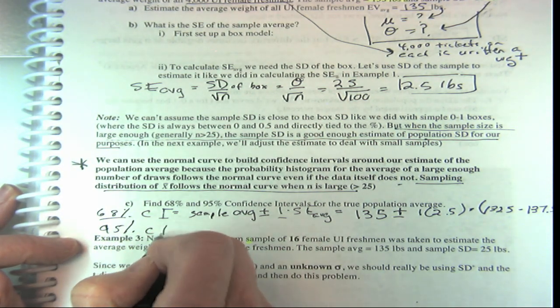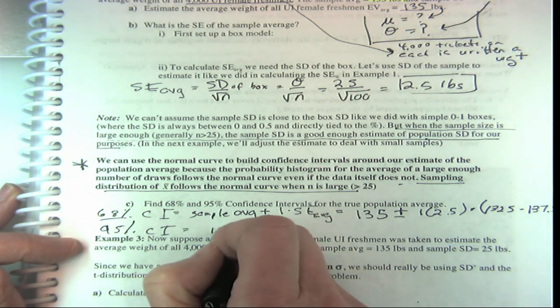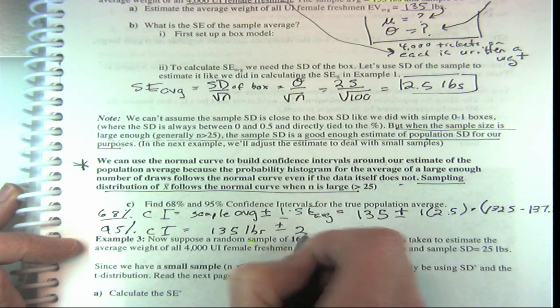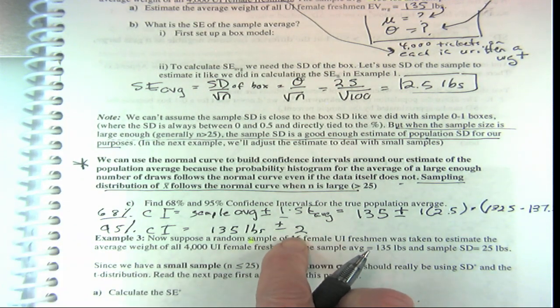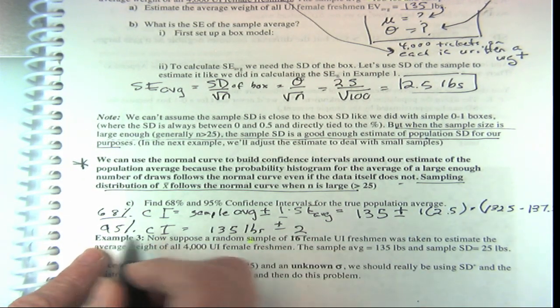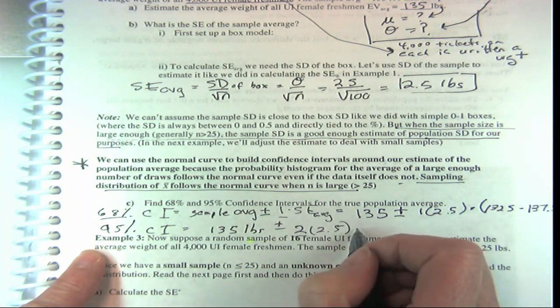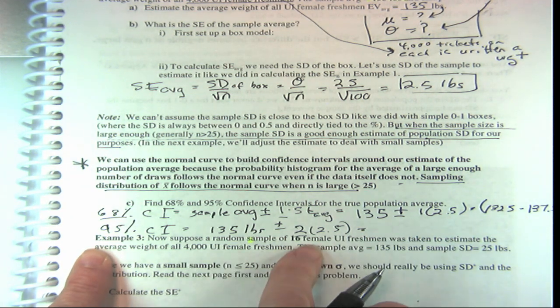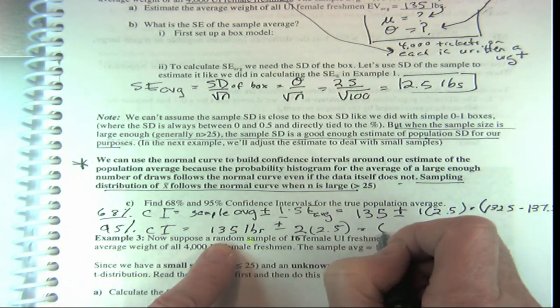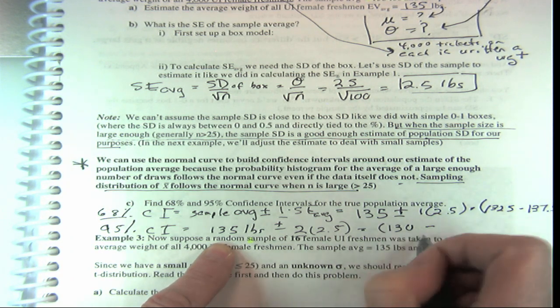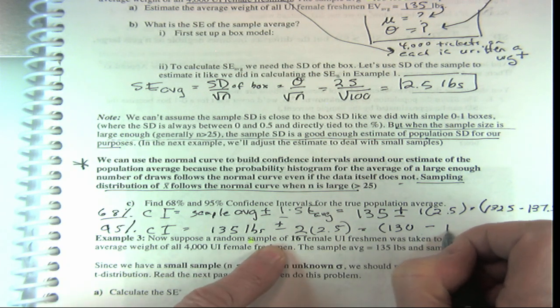How about a 95% confidence interval? It would be the same thing. You'd just say 135 pounds plus or minus 2, the critical value for 95%, times 2.5. So that would be equal to going down 5 pounds to 130, and up 5 pounds, 130 all the way up to 140.